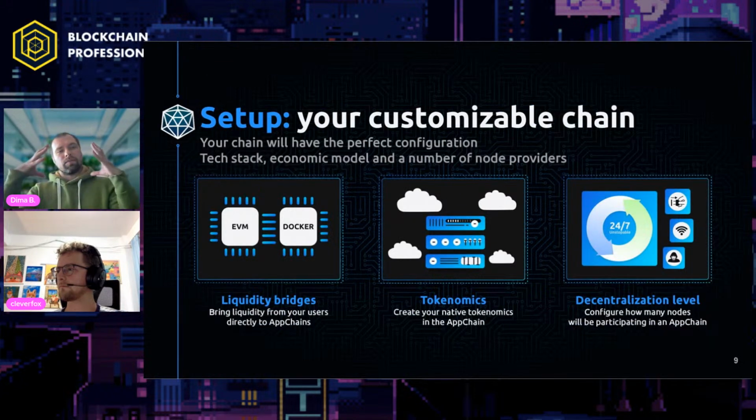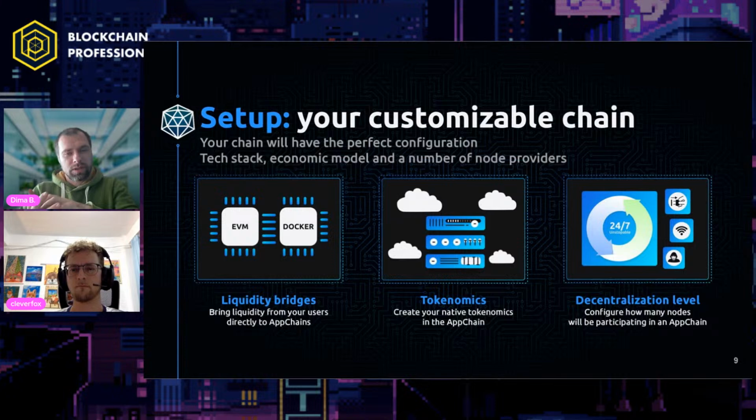What is the basic solution that projects use with our platform? They use app chains with EVM inside, with their own customizable token economy. They can control the level of decentralization, how many nodes can participate in consensus, like block producers, like seed nodes for distributing content.